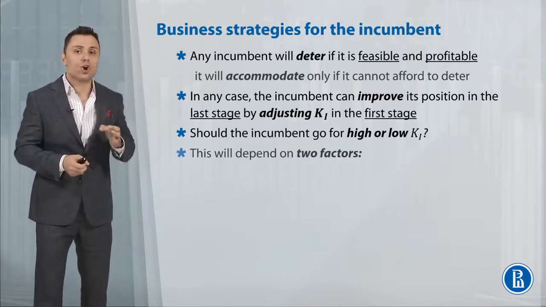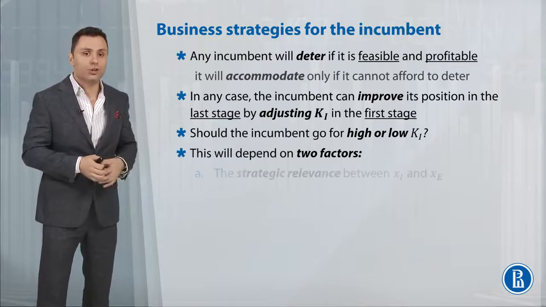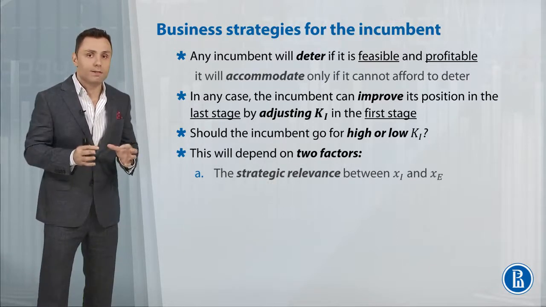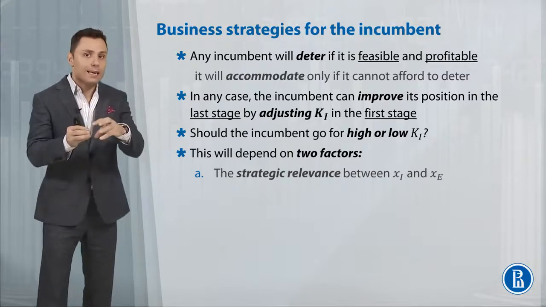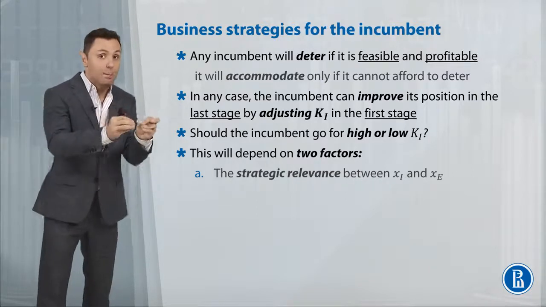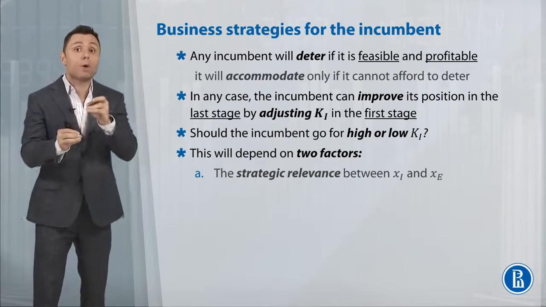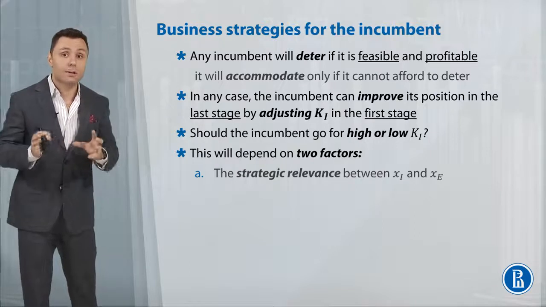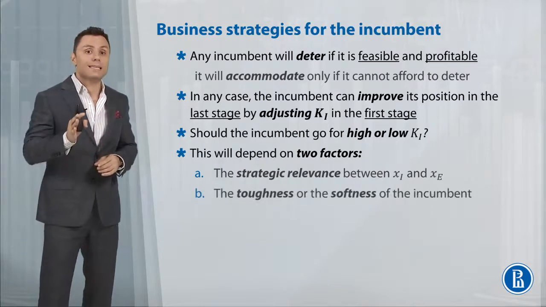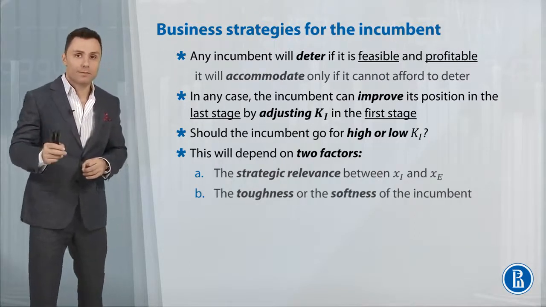This will depend on two factors. The first factor is the strategic relevance. What is the competition between XI and XC? Do you have substitutability or complementarity between the strategic variables? And the second thing that it depends on is whether the incumbent is tough or soft.